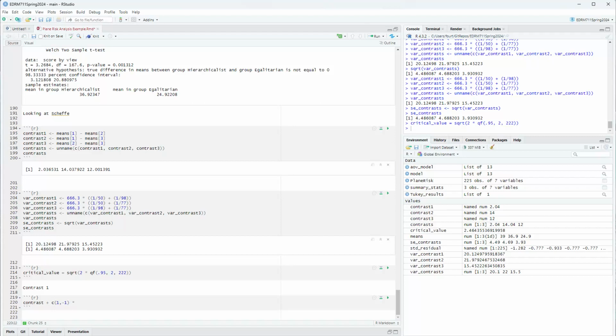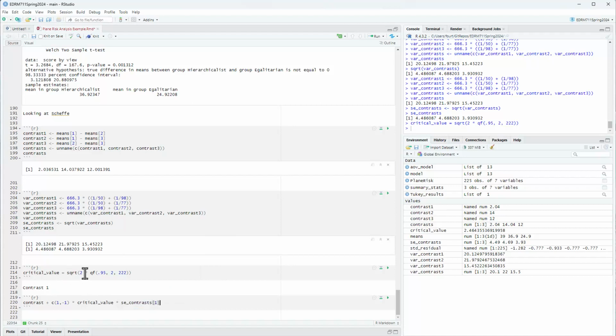And what is the margin of error? Margin of error is critical value times the standard error. Well, the standard error that I want is this first one. So I could type it in by hand, or I could just say standard error of contrast, and I'm doing the first one.